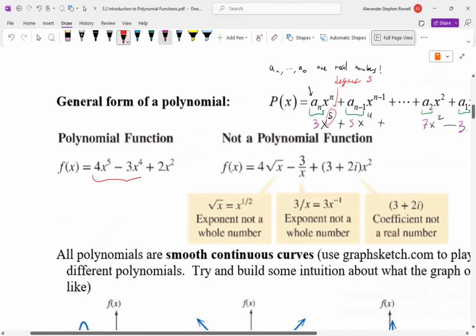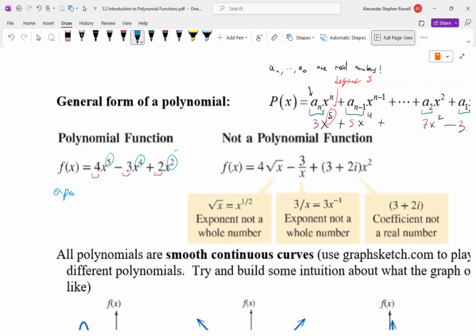So first, we want to recognize polynomials: 4x to the 5th minus 3x to the 4th plus 2x squared, because these are all real numbers in front, and the exponents are all just positive integers or whole numbers.